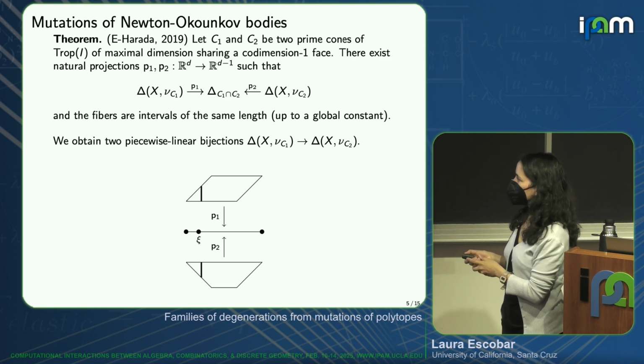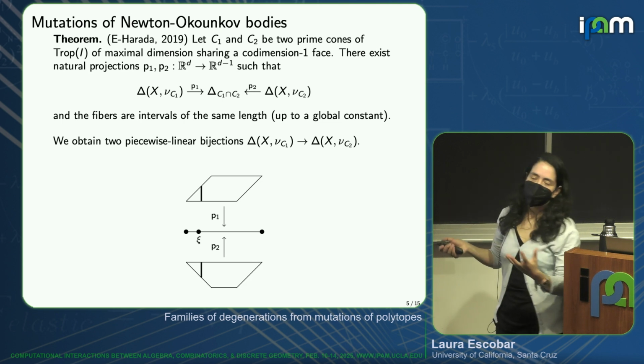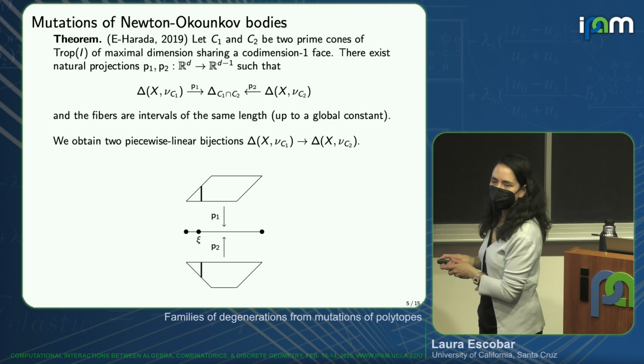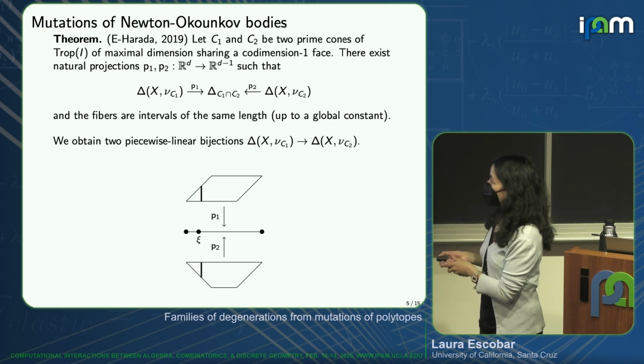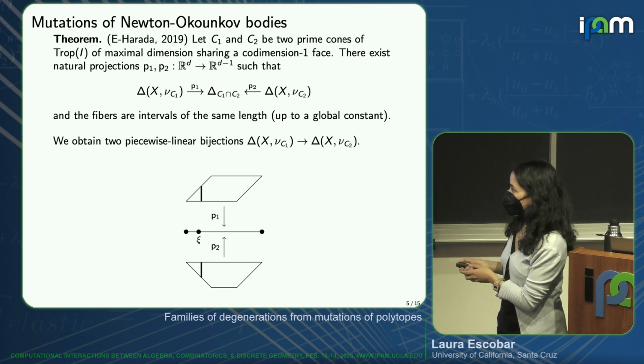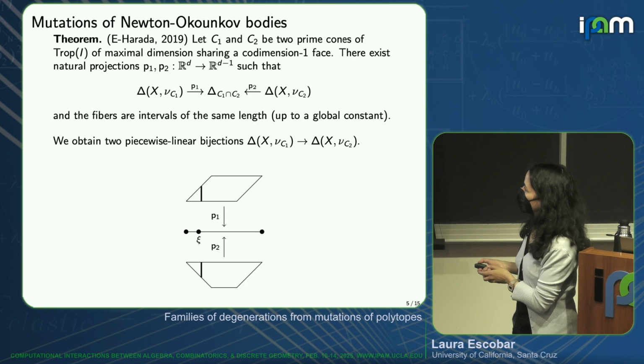This is one of the Newton-Okounkov bodies. This is another Newton-Okounkov body. And they both project down to this line segment. I could have drawn a 3-dimensional picture to make it more interesting, but then it may be hard to see. So the polytopes on the top and on the bottom are the same when you project them down.